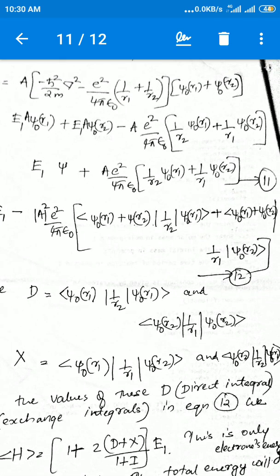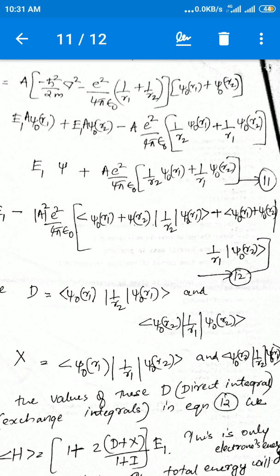The second term will be psi 0 R2, 1 by R2, psi 0 R1. Isn't it? So there are 2 terms. You can split into 2 terms. In the first, the first term we take as psi 0 R1, 1 by R2, psi 0 R1.